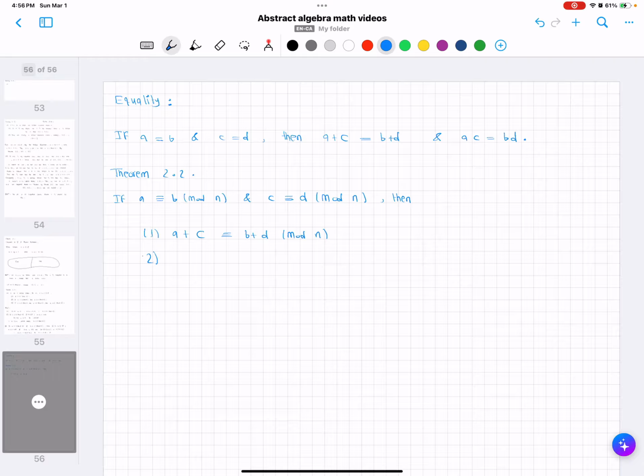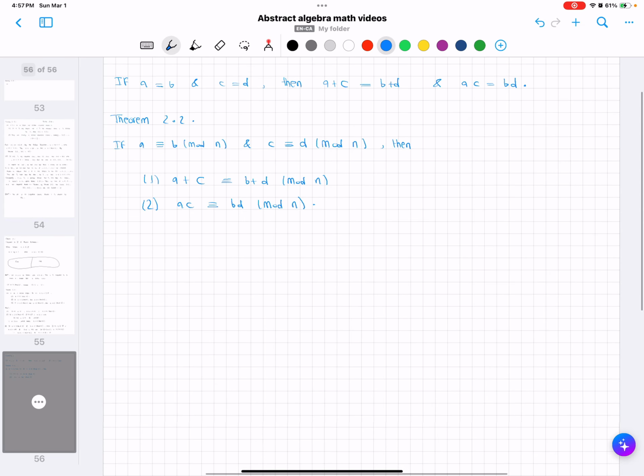And the second part, we have that AC is congruent to BD mod n. So let's prove this result.